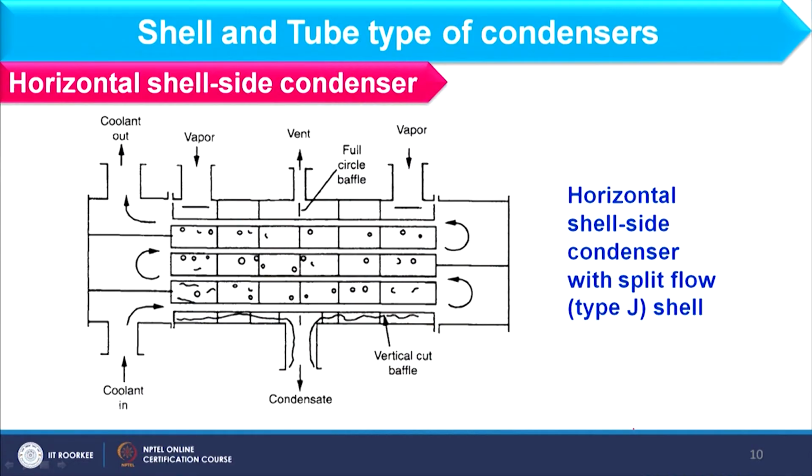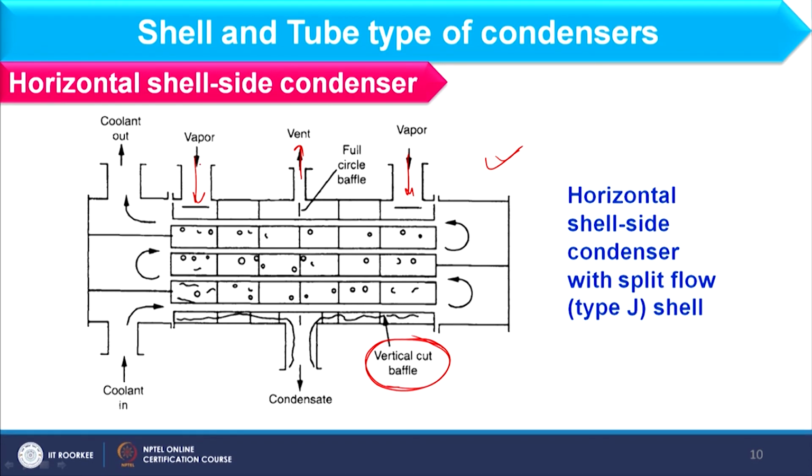And further, we can consider the horizontal shell side condenser as shown in this schematic, where vapor is entering from two sides, and though vapor is entering from two sides, the vent is available at the center, because a vent is a must wherever I am having vapor. It is entering into the shell side, and baffles usually have a vertical cut, which we have already discussed.